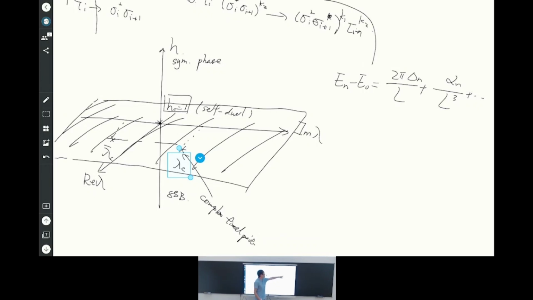The leading term comes from the fixed point, and the higher order term comes from the finite size effect for the finite size calculations.